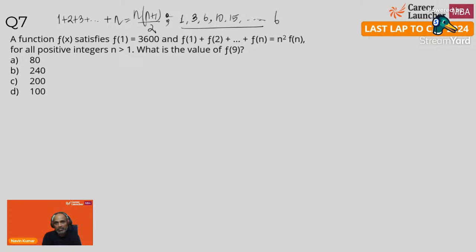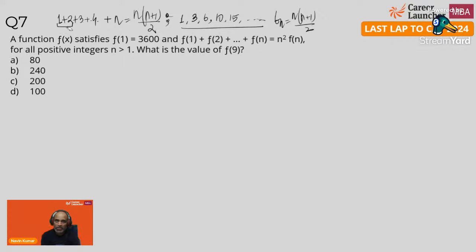Its general term is n into n plus 1 by 2. So 1, then 1 plus 2 is 3, 1 plus 2 plus 3 is 6, 1 plus 2 plus 3 plus 4 is 10. If I want to find the fifth number, it is asking me to add 1 to 5, and that value will be the fifth term in that series.